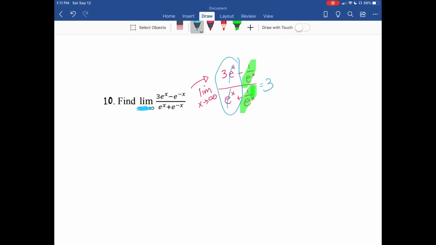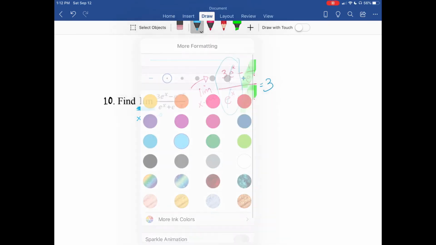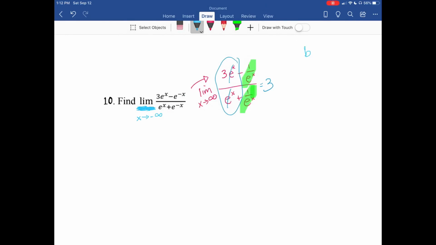So what if we took this and now we were asked, what about as x approaches negative infinity? So it is the same idea, but maybe what we can do is let's define this value b, because plugging in infinity into an expression or negative infinity is just weird. So what we can do instead is we can say, let's let this value b approach infinity.